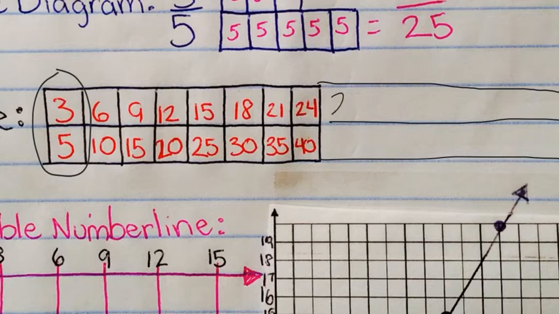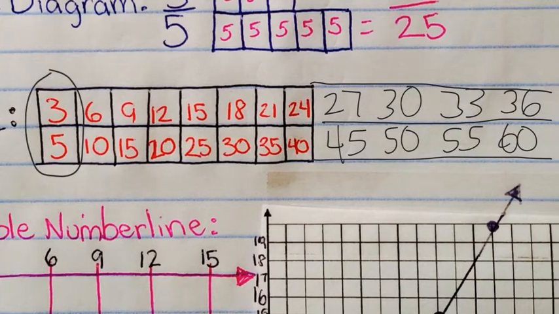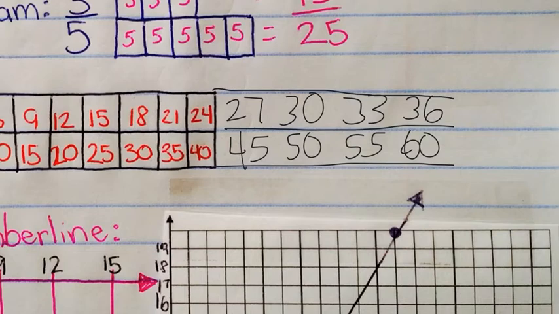So 24, 27, 30, 33, 36, and so on and so on. Down here, same thing. Keep counting by 5. 45, 50, 55, 60. And it goes on and on until we run out of ink. Forever and ever.